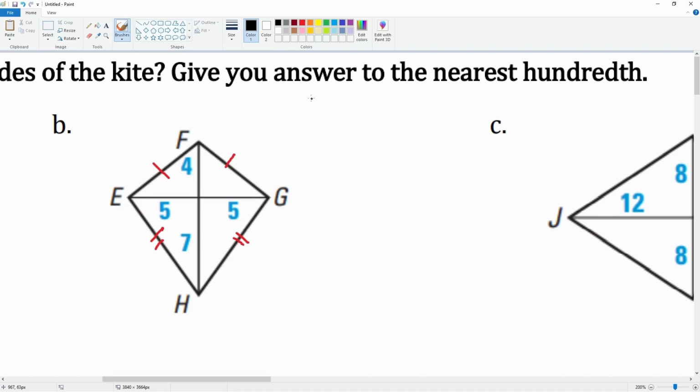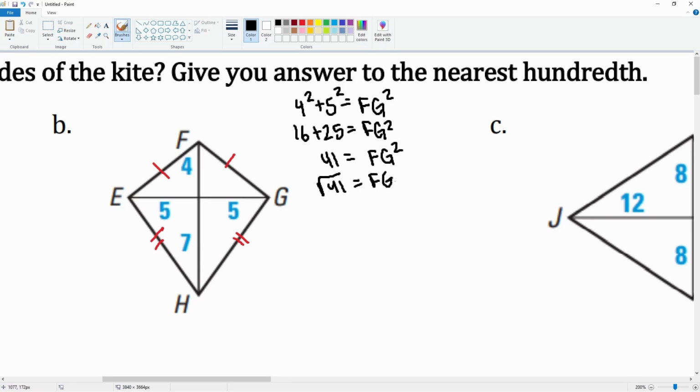Okay, so let's write it. 4 squared plus 5 squared is equal to FG squared. 16 plus 25 is equal to FG squared. 16 plus 25, we can just plug that into the calculator. That gets you 41 is equal to FG squared. Square root of 41 is equal to FG. So we can say that this is square root 41, and this is also square root 41.